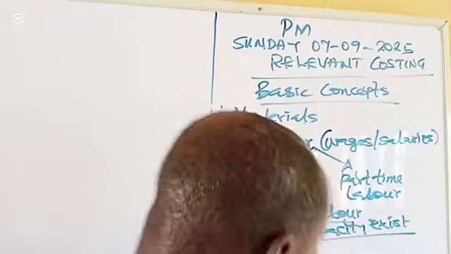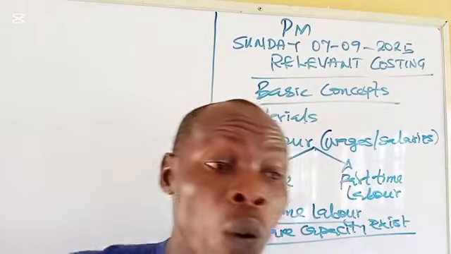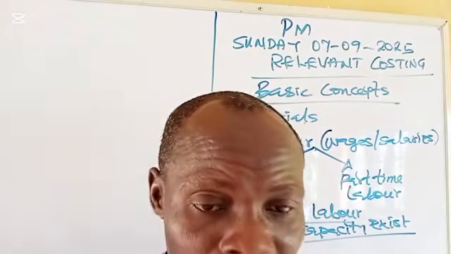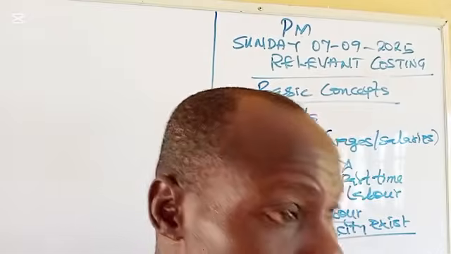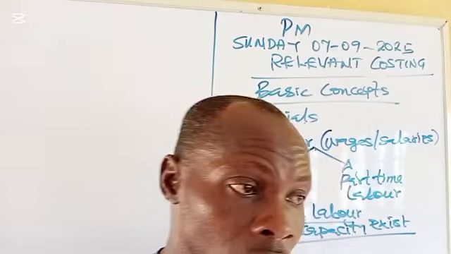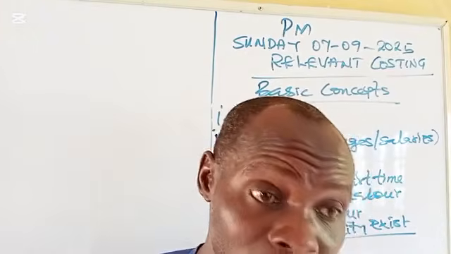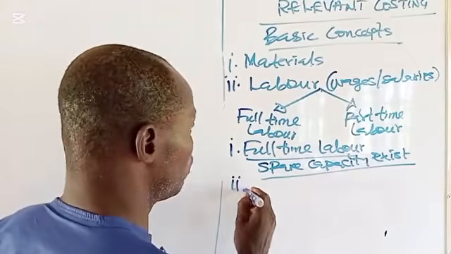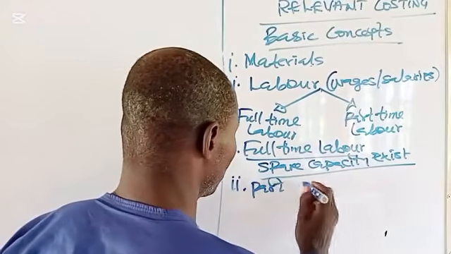It means within their normal working hours, the full-time staff will be able to complete the job. You understand? You know that that labor is full-time. Number two, you have part-time labor.